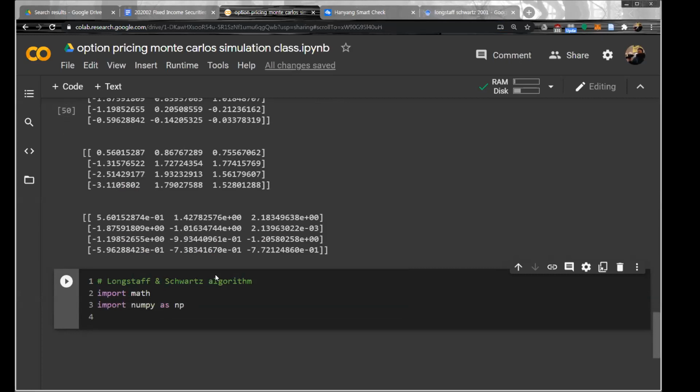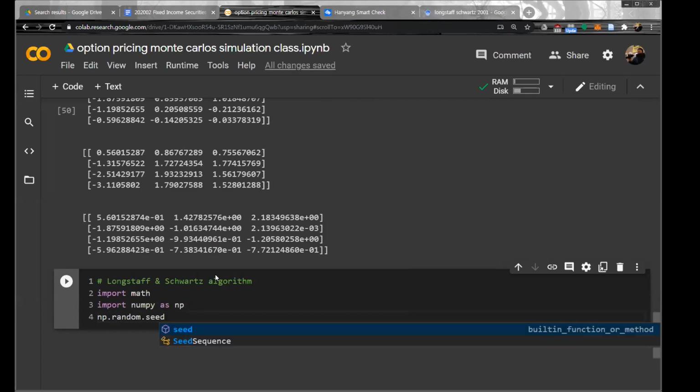Okay, and then let's give a seed for the random number, np.random.seed, any number.